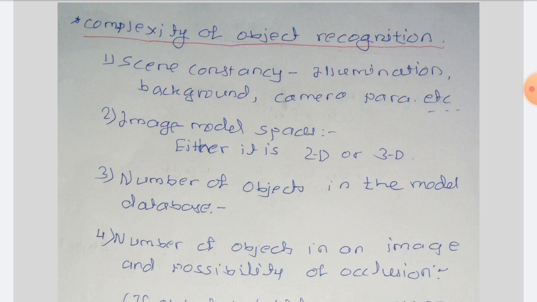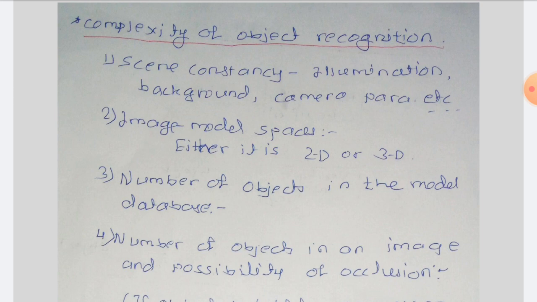So this kind of complexity comes into the picture. In that case, the color feature alone is not sufficient to find a particular object in the image. We need to use more features related to shape, size or texture, or based on other attributes.